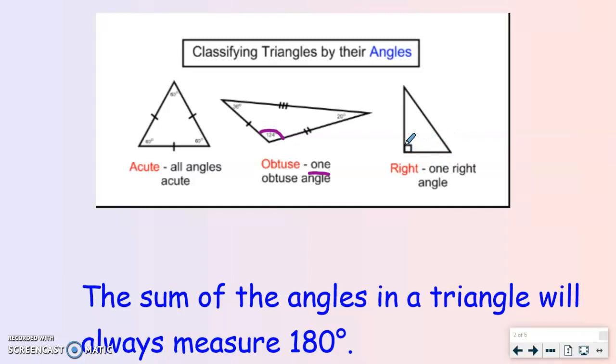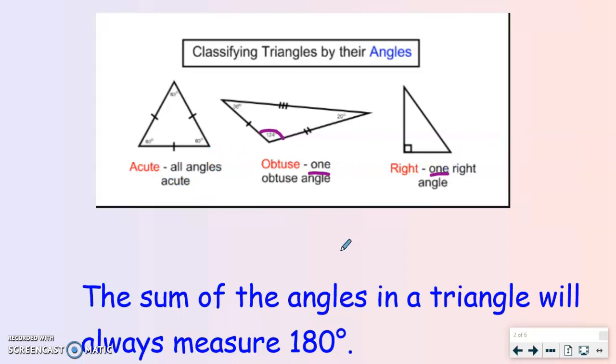It has one right angle, and if we remember from before, this little square in the corner is a symbol that lets us know that it is a right angle. Same thing, a triangle could only have one right angle. Okay, so one right angle, one obtuse angle, however, can have all acute angles.